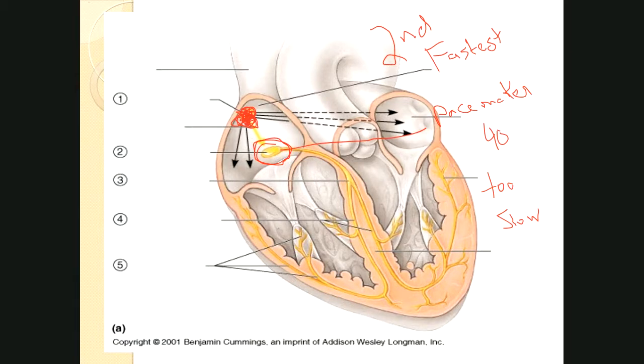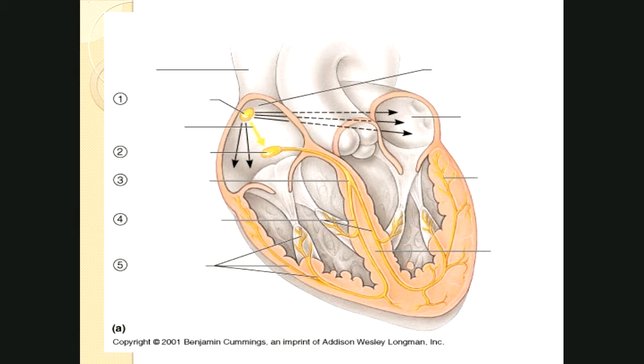And so usually what happens is if something does happen to the SA node, so it's either not working correctly or not working at all, they put in an artificial pacemaker. An artificial pacemaker is actually a really simple device. It's basically just a battery that discharges every so often.